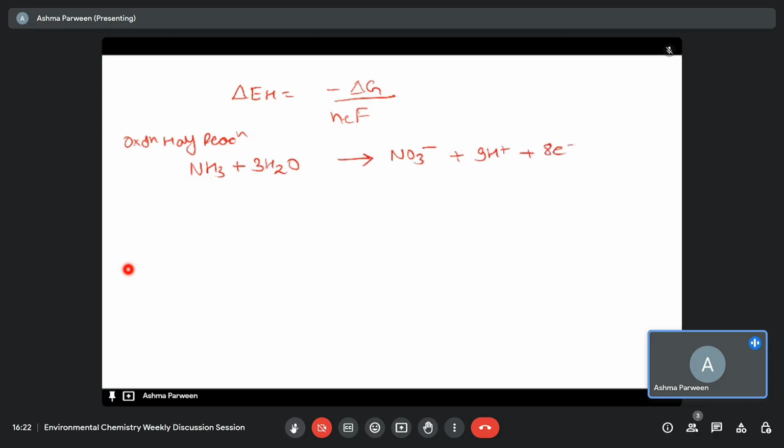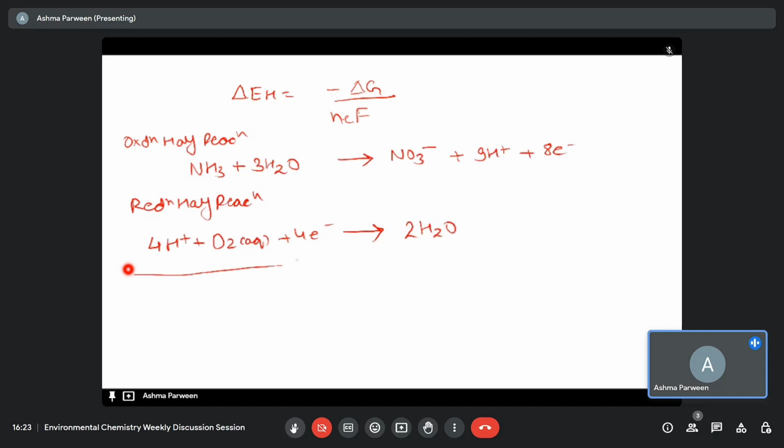Everything is balanced. Next is the reduction half reaction. Oxygen aqueous is getting reduced to H2O. First we balance oxygen. Next we balance hydrogen, so 4 H plus, and finally we balance the charge, so 4 electrons.